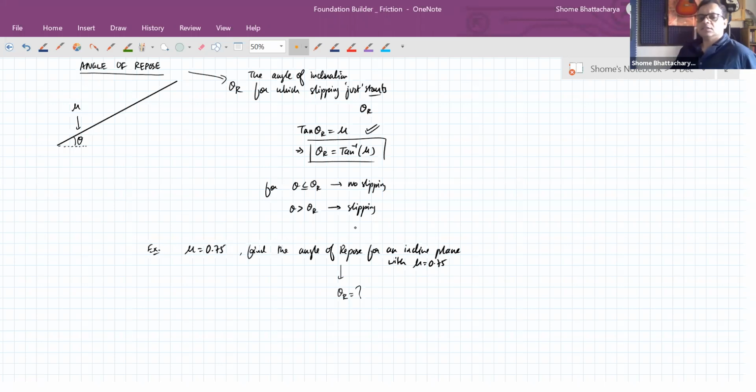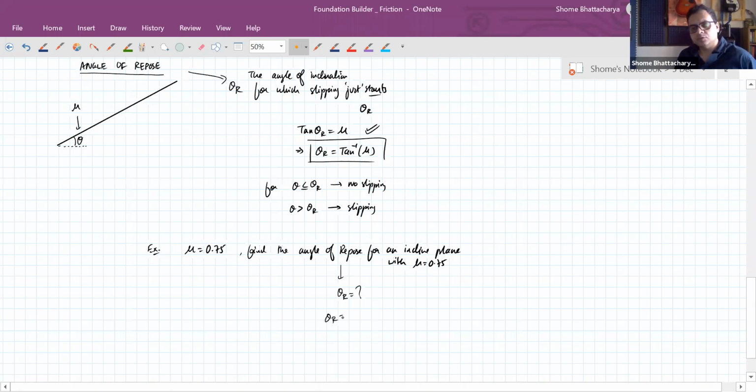Anybody got the answer for the angle of repose? It's very simple. Angle of repose should be tan inverse of the coefficient of friction. So in this case, it is tan inverse of 0.75. In other words, tan theta is 0.75, which is the same thing as 3 by 4.